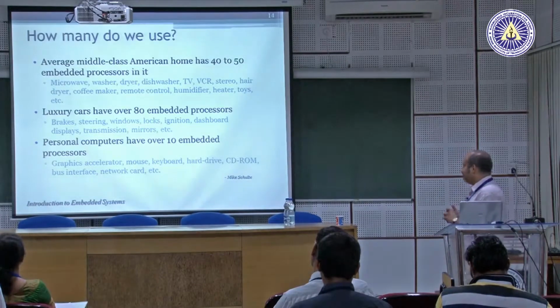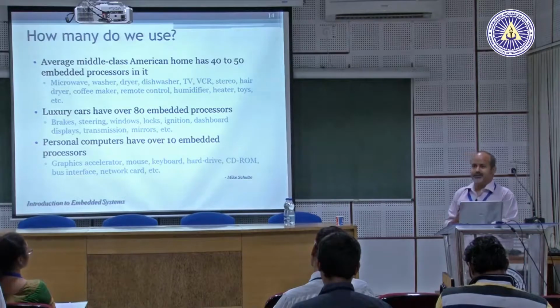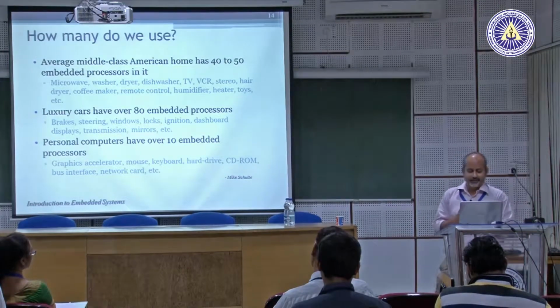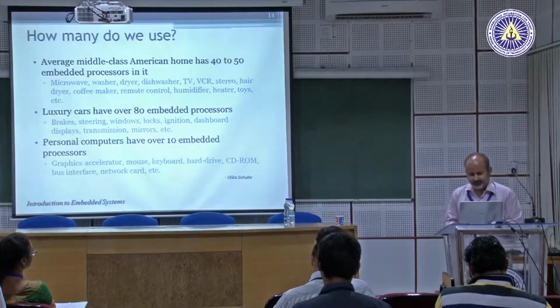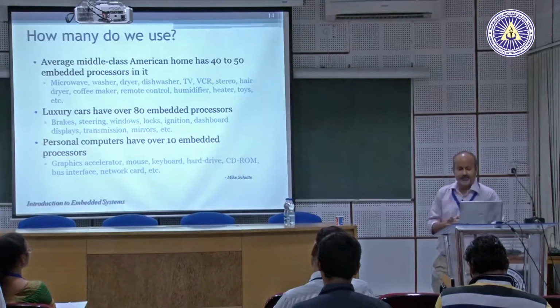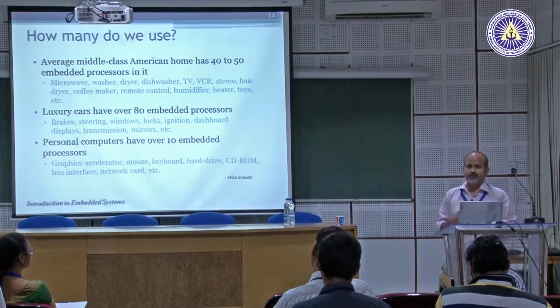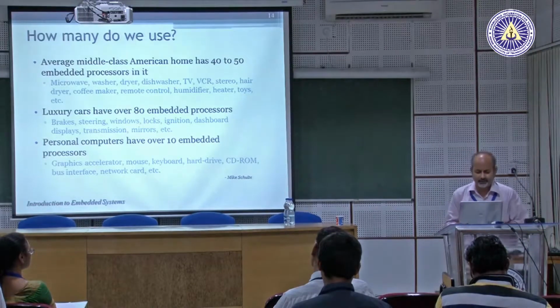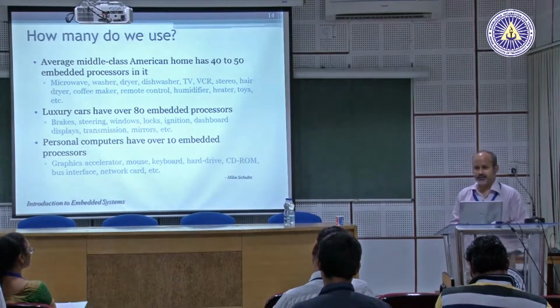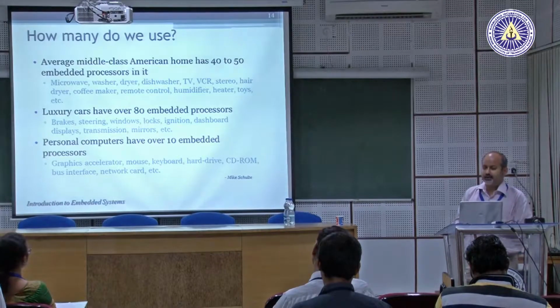But even the personal computers that you buy from the market also have embedded processors, because there are things such as your CD-ROM controller, your bus interface, your network card, even your keyboard and hard drive, and graphic accelerators like GPUs and so on. They can all be thought of as embedded processors.